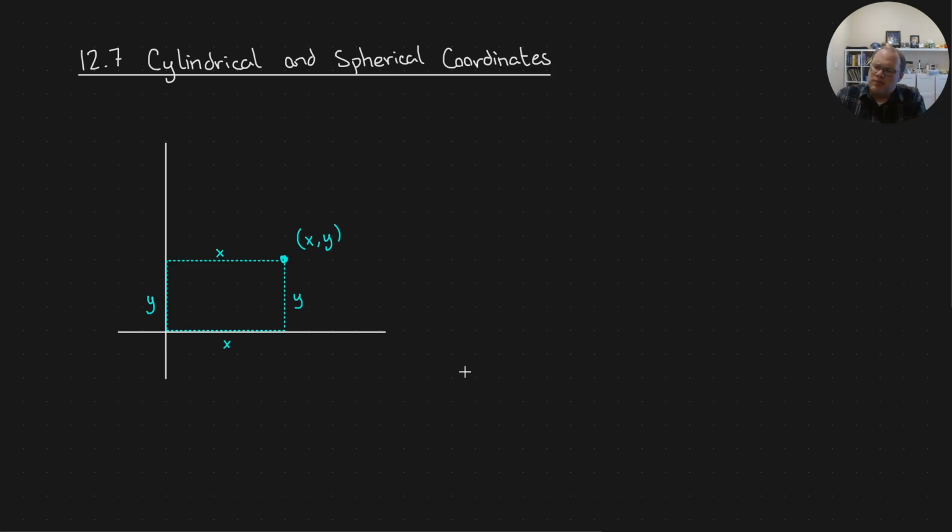This is the coordinate system we're most comfortable with, that we are most used to. But we've learned about another kind of coordinate system that we can use to describe the same set of points. We could use polar coordinates.